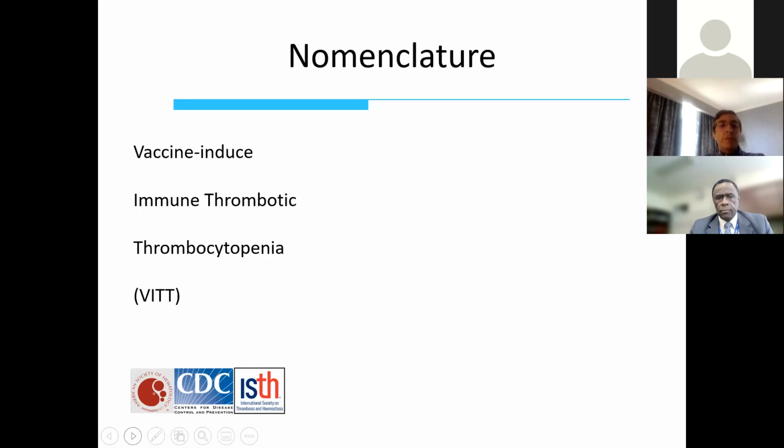For example, the American Society of Hematology, the Centers for Disease Control and Prevention, and the more global International Society on Thrombosis and Hemostasis have all adopted the nomenclature vaccine-induced immune thrombotic thrombocytopenia, or VITT.